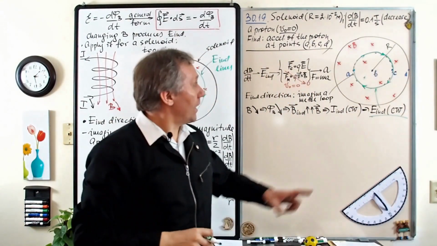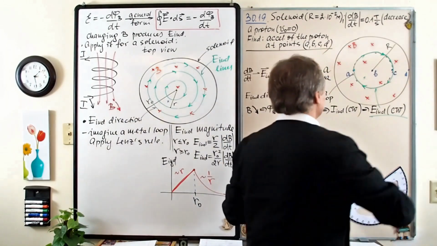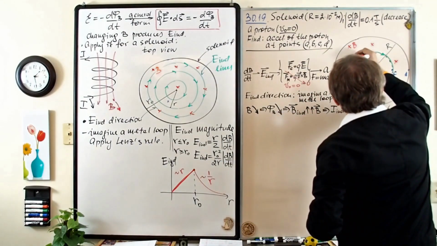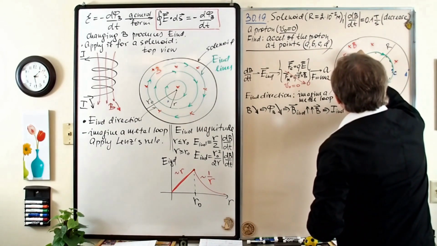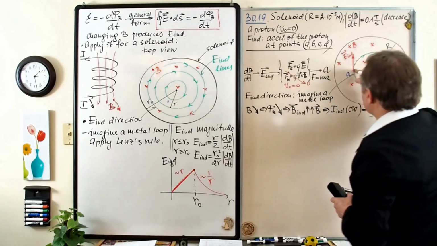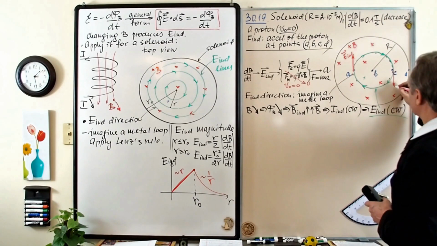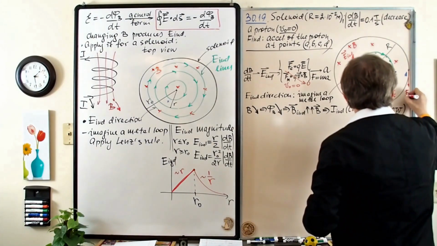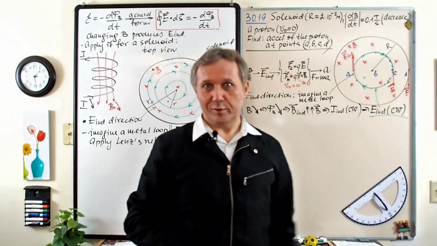And at point A, the direction of the electric field is up. Now I will use red because now it's important, right? So this will be my E induced at point A. Then at point C it will be down. So this will be E induced, and at point D it will also be down, right? At point B it will be 0.